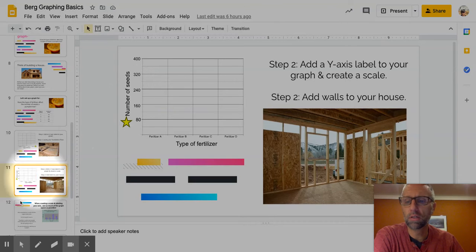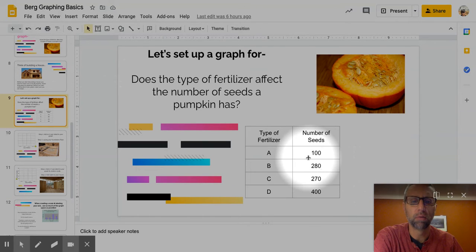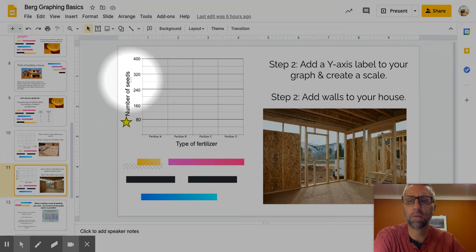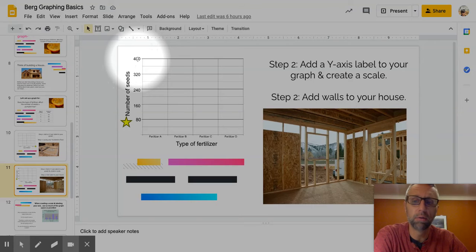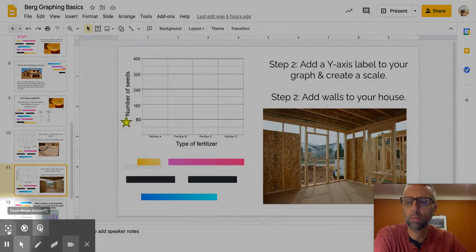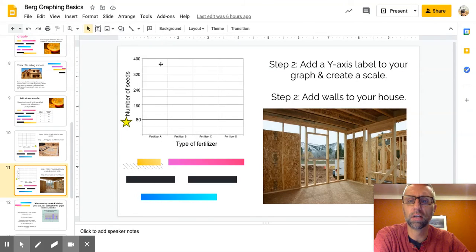The second thing we need to do is put these numbers on here. So we have to look at our data, going back, and we go, well, our data can go from 100 to 400, and then we go back over to our graph. That means we have to get to at least 400. Actually, I would like to be a little bit above that so it doesn't look like our data is exploding off the top of the graph.